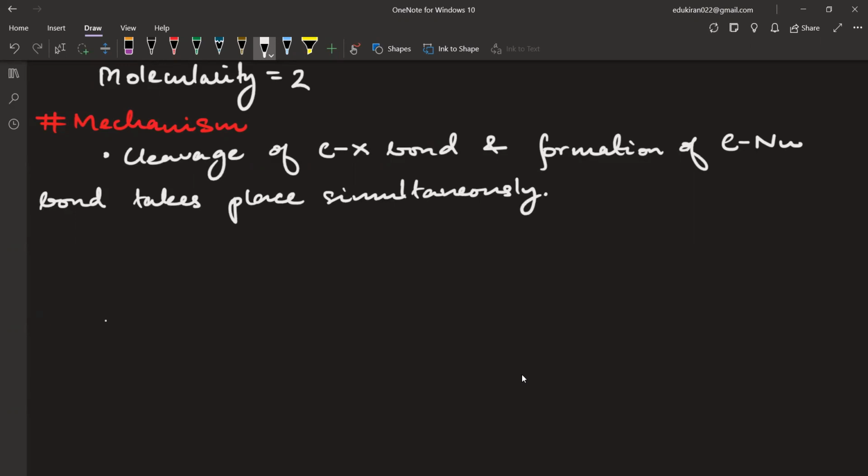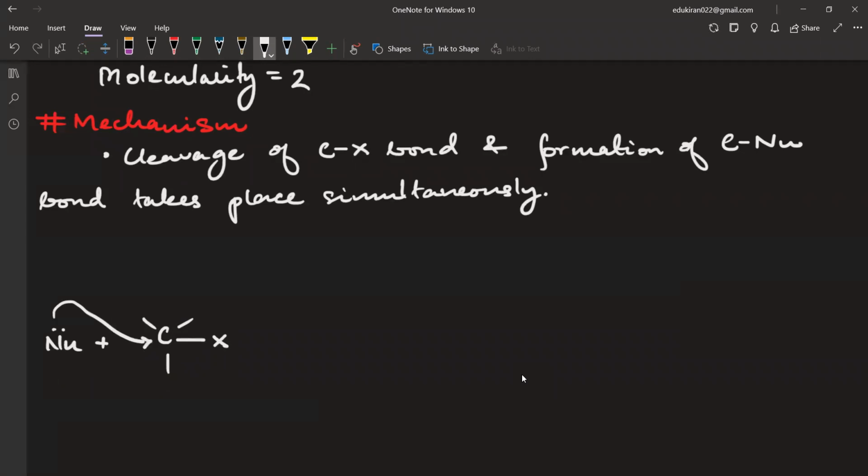In this, you will write a reaction. Draw the carbon, draw the bond of X like this, and draw the nucleophile here. This nucleophile can only attack from the back, because in front of it is the halogen atom. So it can attack from the backward direction only.